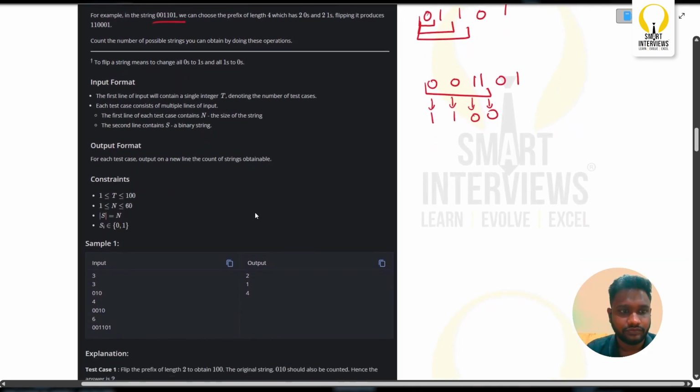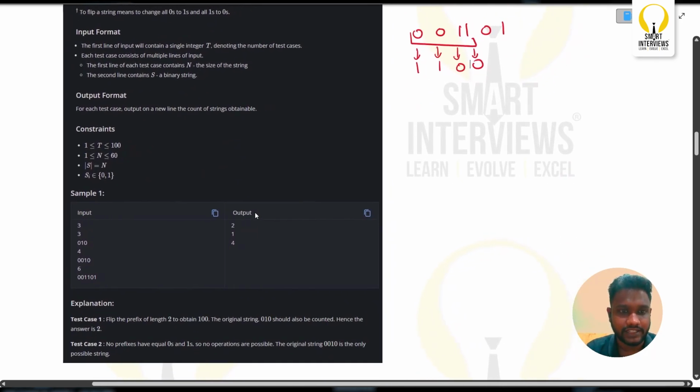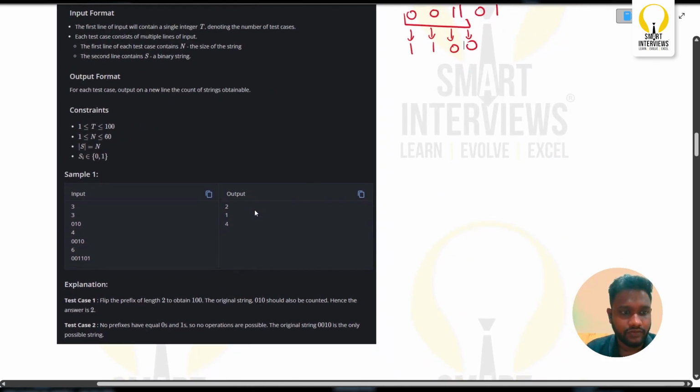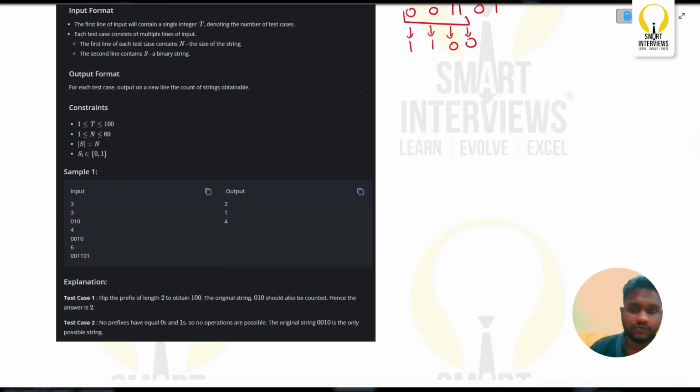Okay, so if we look at the example, the first test case is 0, 1, 0 of length 3, and we are getting an output of 2. Okay, so if we take the first prefix which has equal zeros and ones, we have this 0, 1, right?